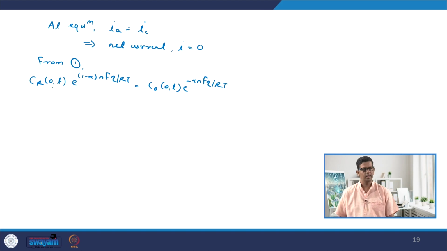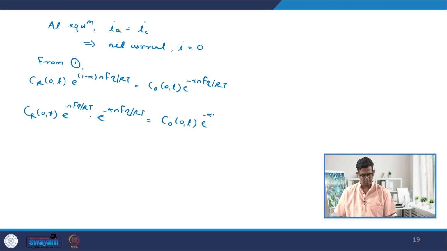So let's expand this bracket on the left hand side. So you can write C_R(0,t) e^(nFη/RT) times e^(-αnFη/RT) equals C_O(0,t) e^(-αnFη/RT).